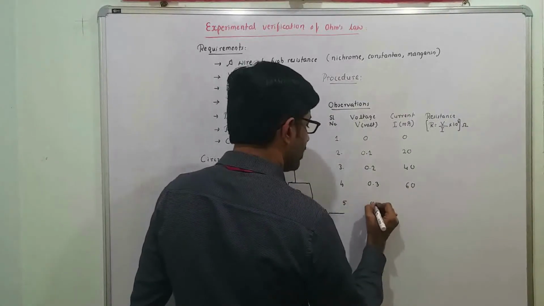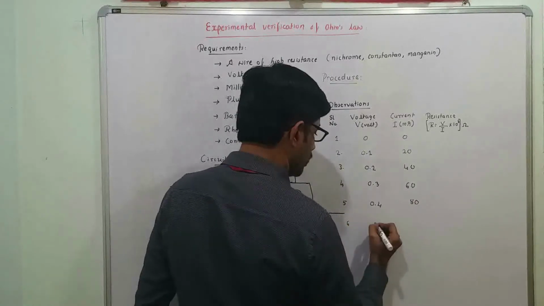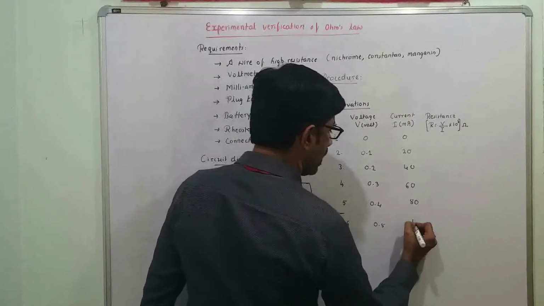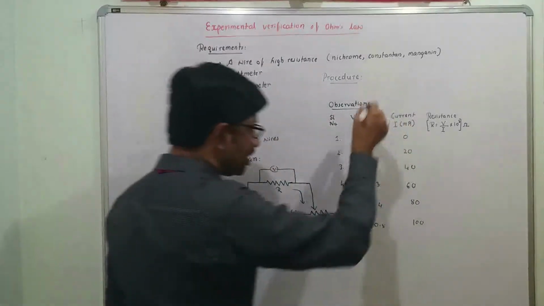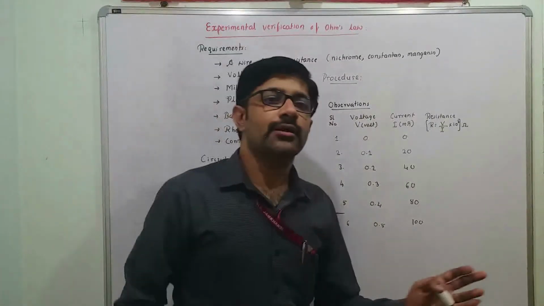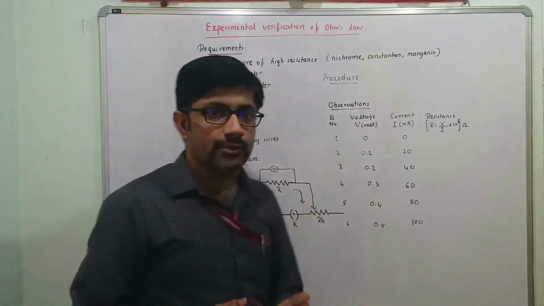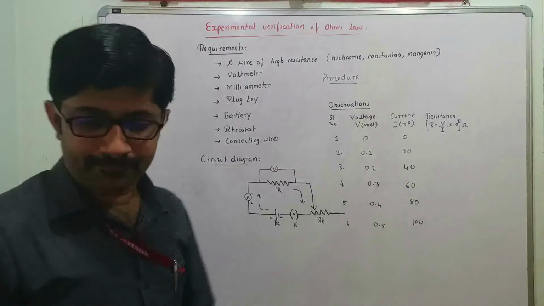Fifth one, 0.4, 80. And sixth one, 0.5, 100 milliampere. Let's imagine we have readings like this. So we need to calculate the resistance according to those values. Let's calculate those.